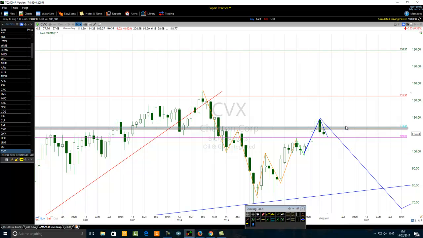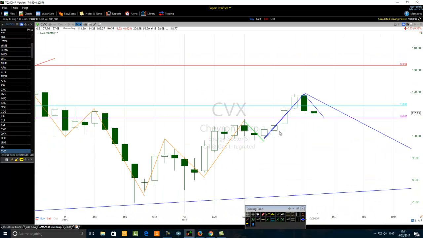The short-term equilibrium price level, 113.63, will remain in place up to the end of the first week of March. So here it bounced on it a bit. So if you are day trading, swing trading, remember 113.63 is the current short-term equilibrium price level that we must watch, up to the end of the first week of March. The 108.05 will remain in place throughout 2017.